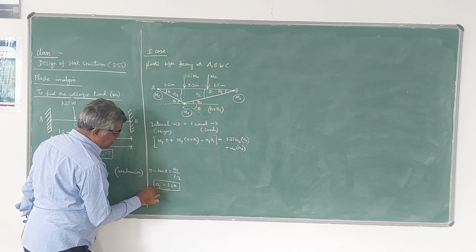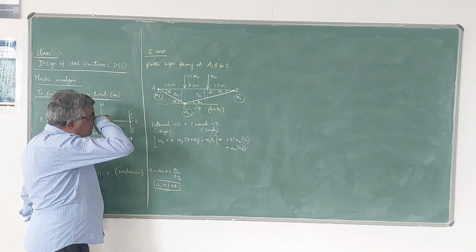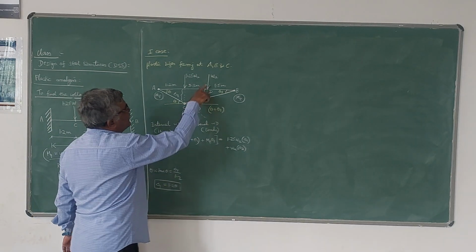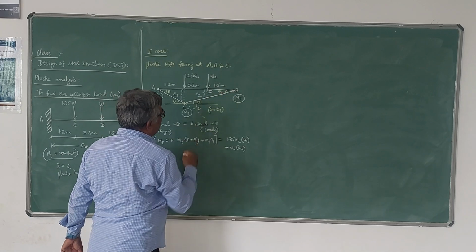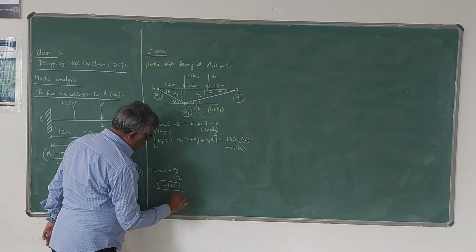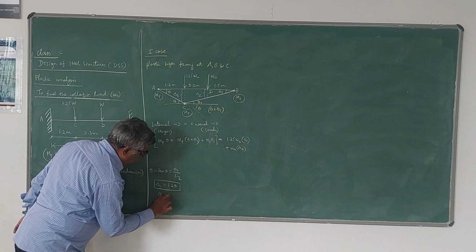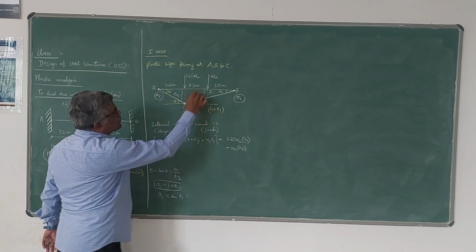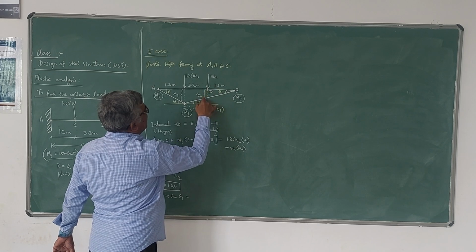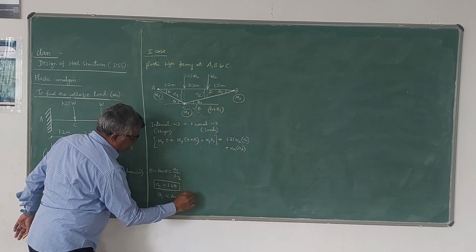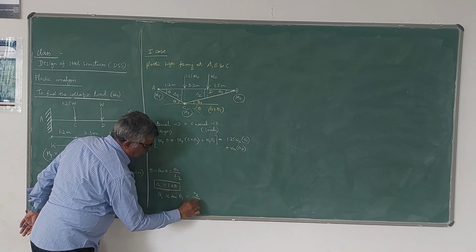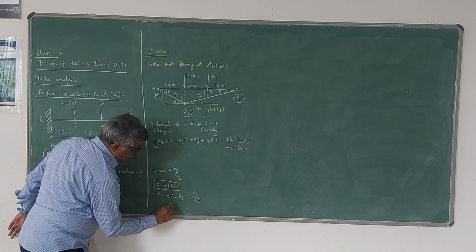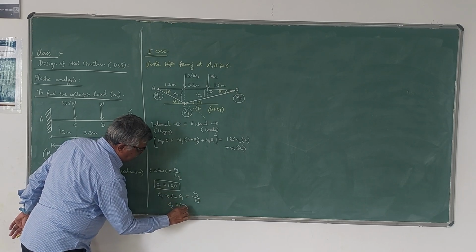This is the relation. Similarly, for delta 2, I have to take this triangle. Theta 1 is very small, so it can be equated to tan theta 1. Tan theta 1 from this triangle is delta 2 divided by 1.5. Therefore, delta 2 is equal to 1.5 into theta 1.